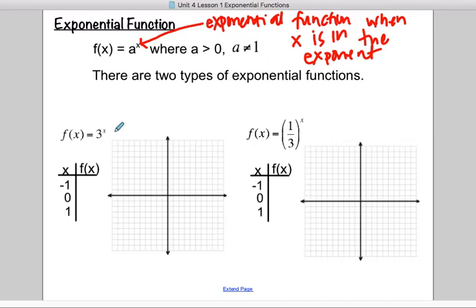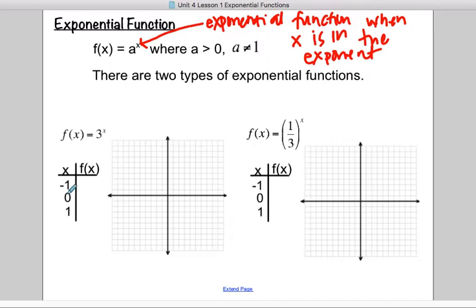So there's two types of exponential functions when we graph them, just like you could say there's two types of lines. You could go up as you go from left to right, so positive slope, or down as you go from left to right. The other thing is parabolas, right? If it's positive, it goes up. If it's a negative, it goes downward.